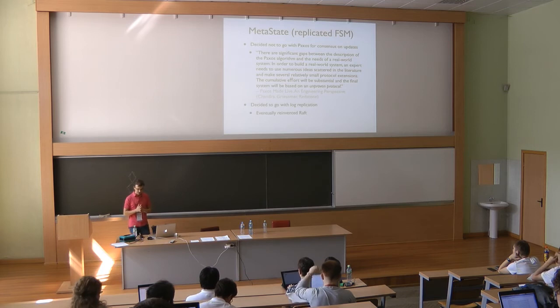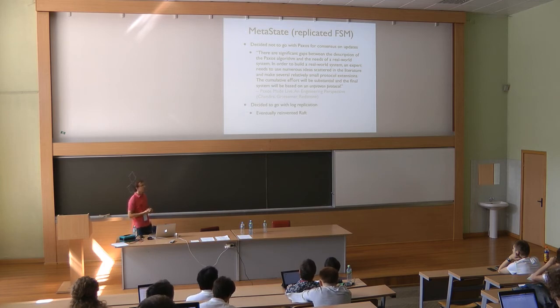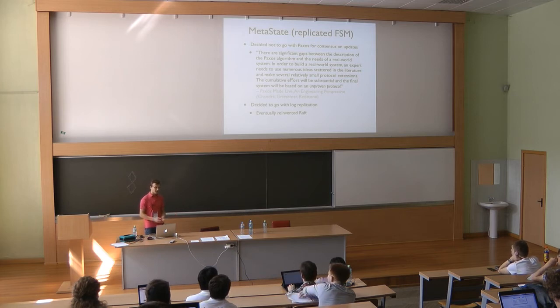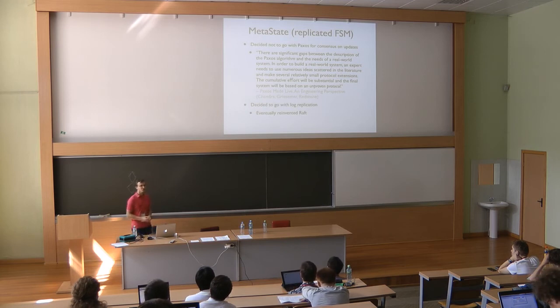Eventually, as I became aware, this idea was named Raft, and we had actually reinvented Raft. We were not aware of this algorithm. Raft is another consensus algorithm which is becoming even more popular right now because it's simpler to understand. If you're interested in this topic, I highly recommend you read this paper.